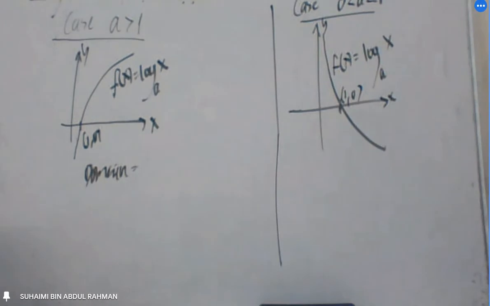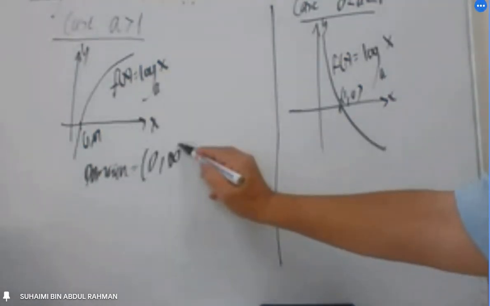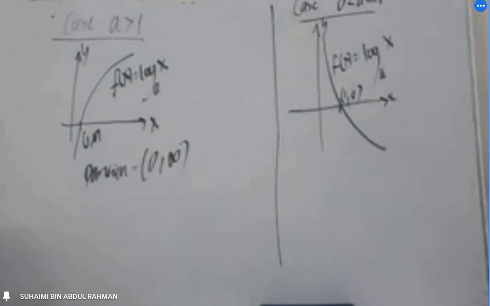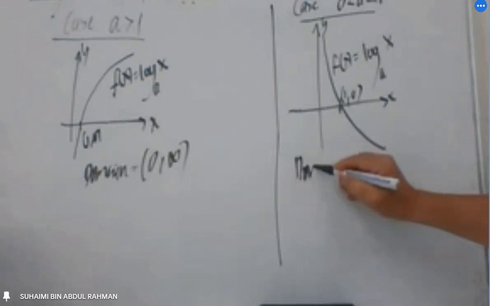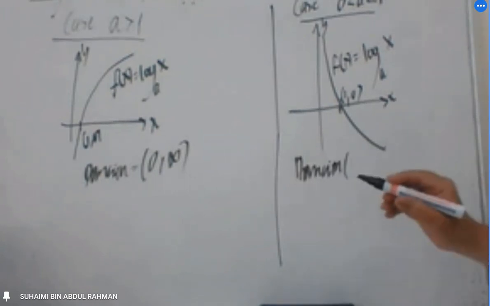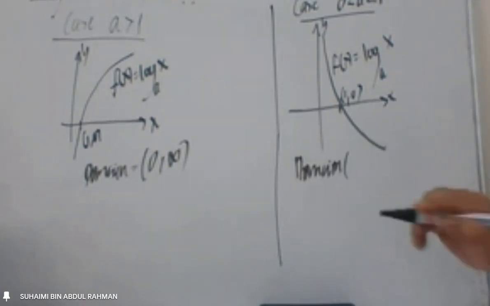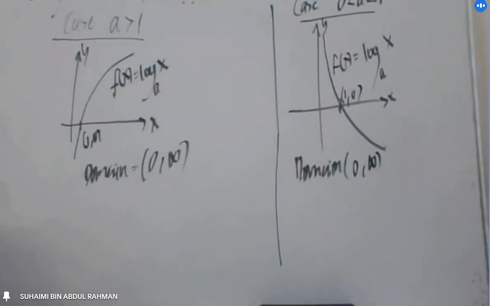What is the domain? 0 to infinity. Here, what is the domain? Same, 0 to infinity.